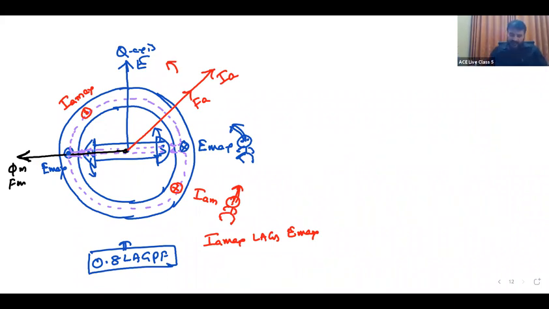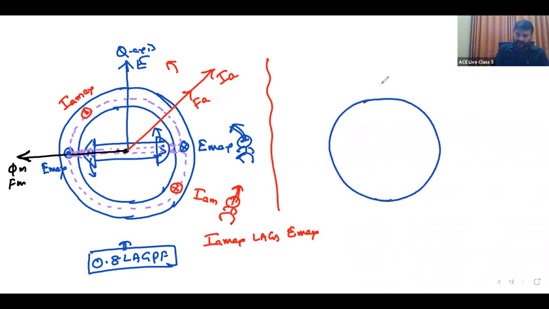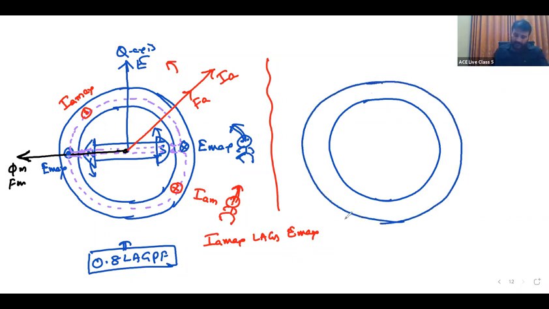In the same way, lastly, why I am explaining: if you read some standard textbooks, they will draw the phasors on the diagram. Here also same, north pole and south pole.